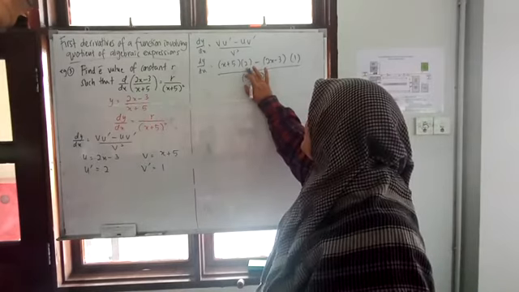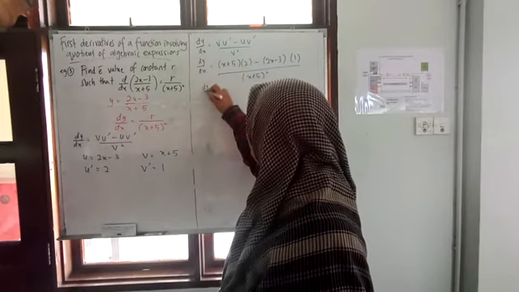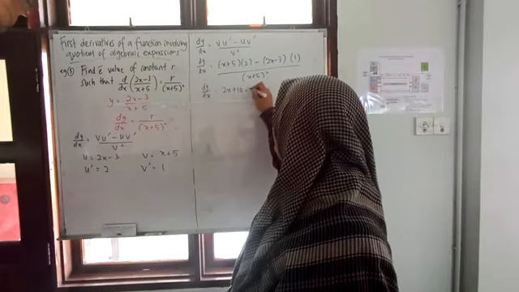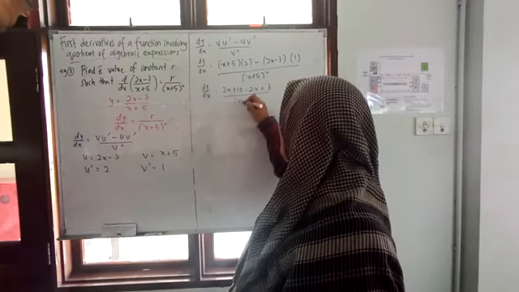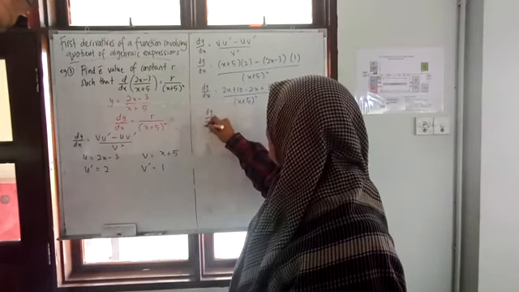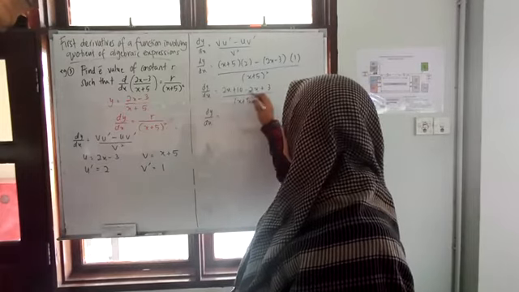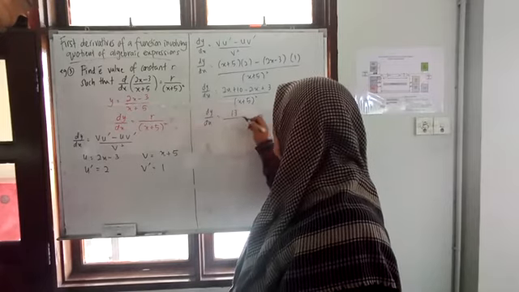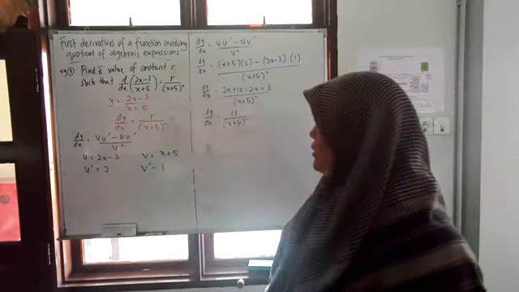As you can see, we don't see any common factors, so just expand. dy/dx is equal to (2x + 10 - 2x + 3)/(x + 5) squared. So 2x minus 2x is 0, 10 plus 3 is equal to 13. So 13 over (x + 5) the whole thing squared.